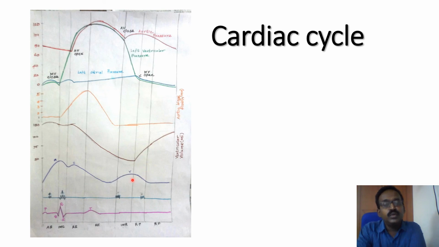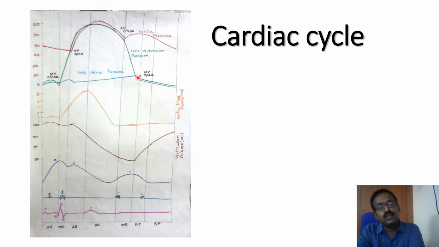It produces the V wave. The V wave is due to the rapid inflow into the atrium. Increased venous return produces the V wave in the JVP. When it enters the rapid filling phase, the mitral valve opens and the atrial pressure gradually decreases.